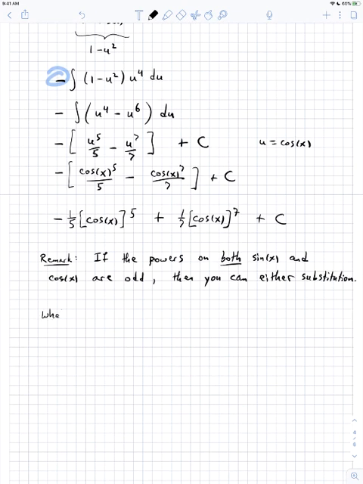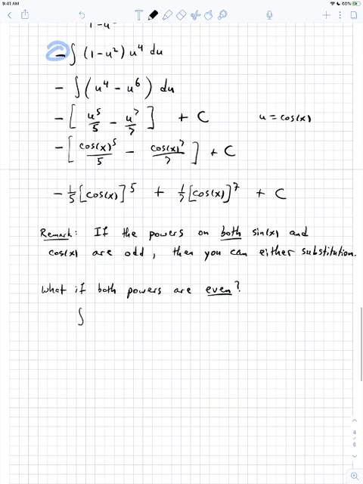So what if both powers are even? So that is, you have the integral of sine x, and I think we were raising this to the n power, and then we have cosine x raised to the m power dx.